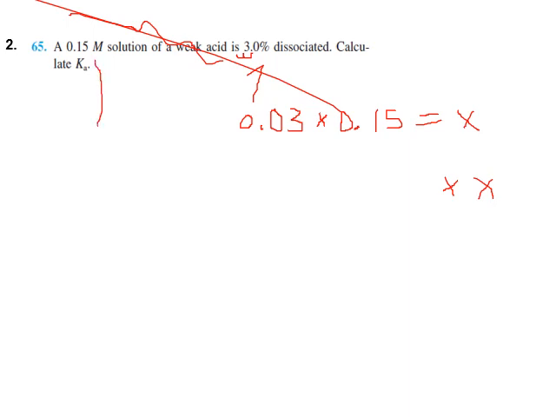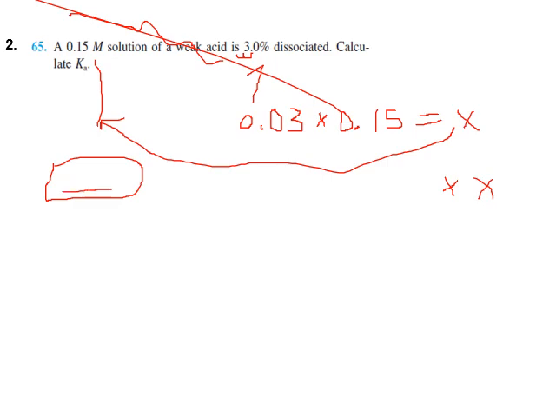Whatever you get here for x, you'll also want to remember to come over here and subtract it from the 0.15 to get your equilibrium concentration for your weak acid. We don't know what this acid is, but it doesn't matter because we can still find the Ka. Once you get that value there, which I'll underline, then we take x times x divided by that, and that's going to be the Ka.